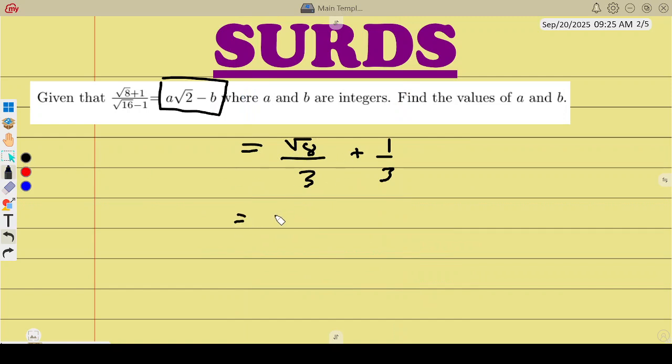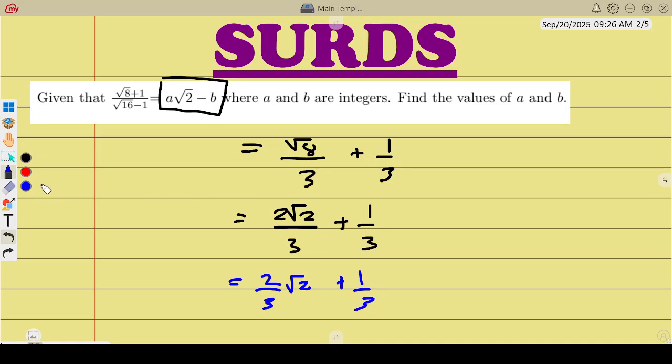So the square root of 8 is the same as writing 2 root 2 over 3, and we have 1 over 3 there. Remember, the question says we write in this form. Almost there. At this point we say 2 over 3 root 2, we haven't changed anything here, plus 1 over 3.